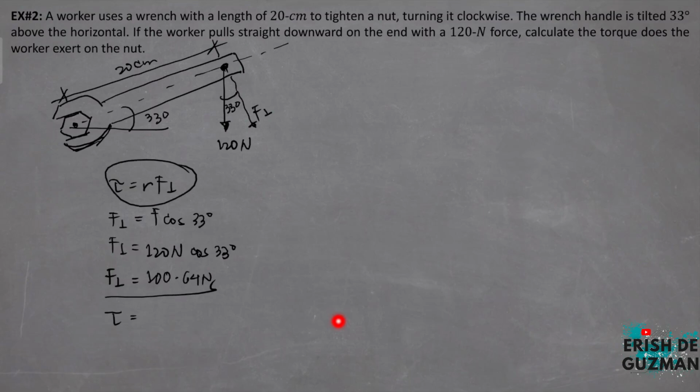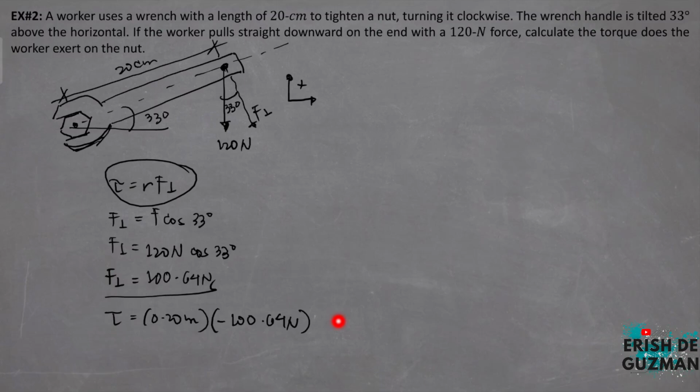Torque is equal to the radius we use, 20 centimeters or 0.20 meters, times, since the force is downward, these are our signs, the 120 Newton force is downward, so this is negative 100.64 Newton.